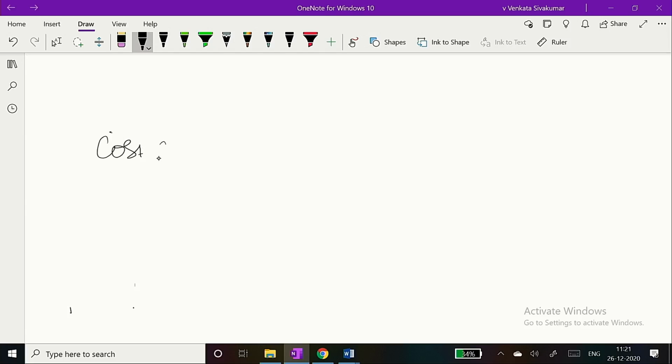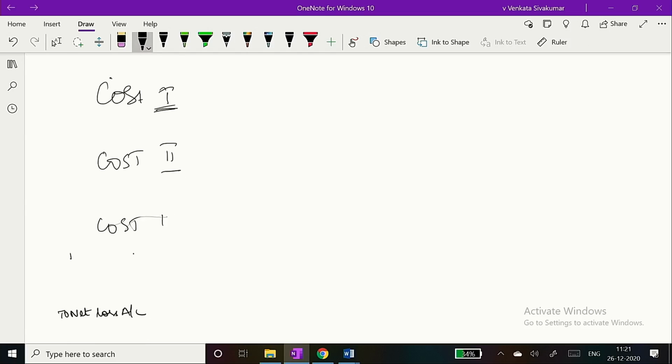Cost type 1, overhead type 2, and then type 3. We have to give names for it, that's all.